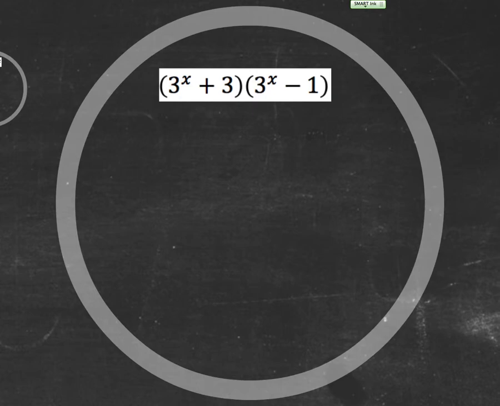So here we've got 3 to the x power plus 3 times 3 to the x power minus 1. Again, I'm going to really take it slow on this first one to make sure you see all those steps. So 3 to the x times 3 to the x.